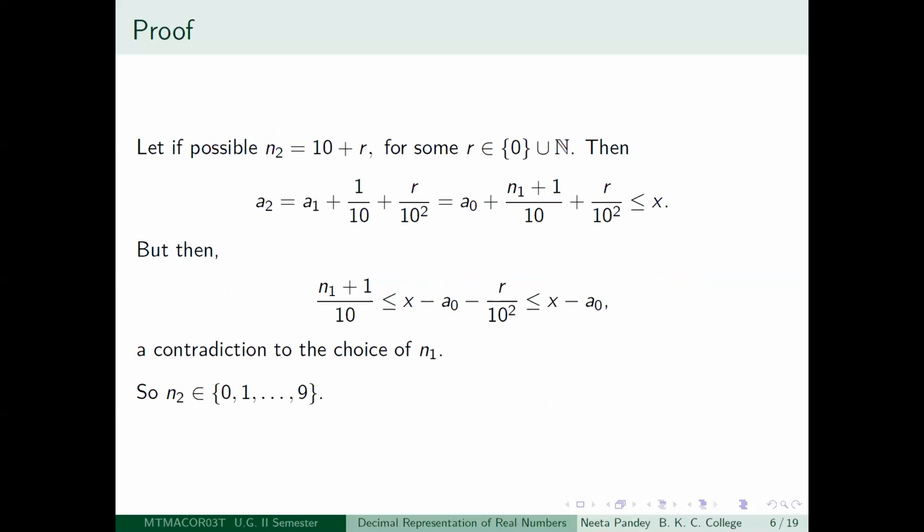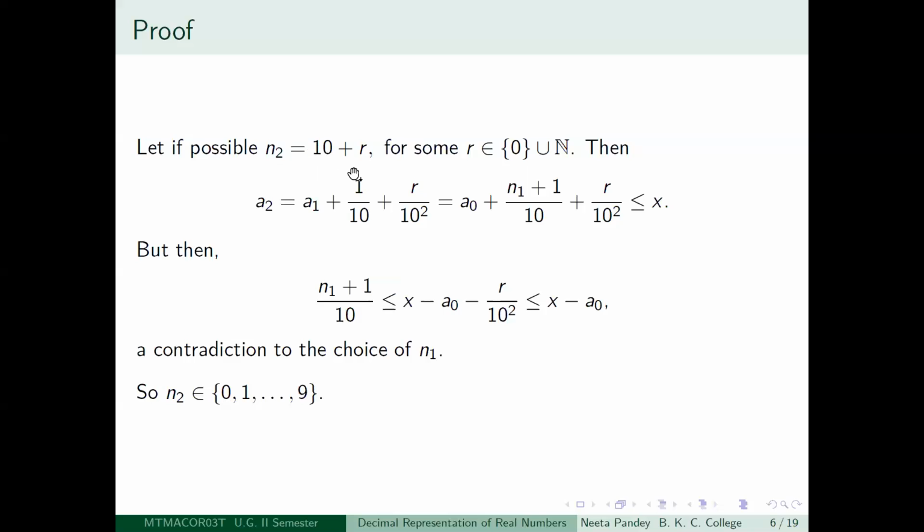So before that we have not completed all the properties which n2 and a2 should satisfy. This property also, let us check it. The proof is going to be the same, that n2 is going to be a non-negative integer between 0 and 9. So again the proof is similar, that assume that it is not true.